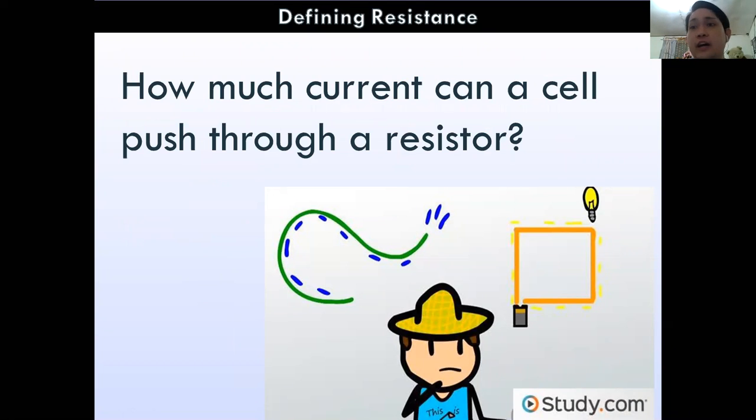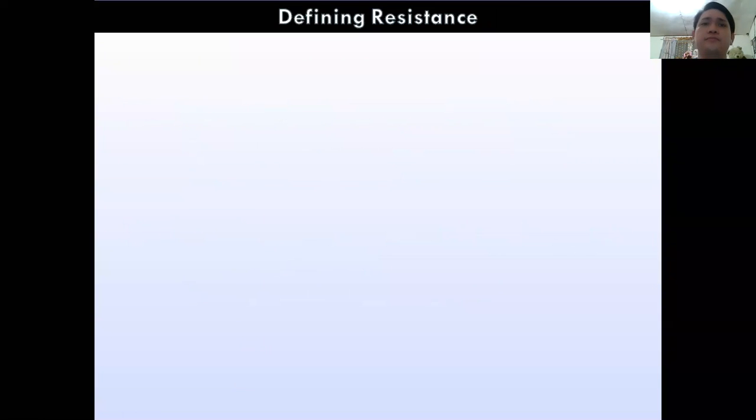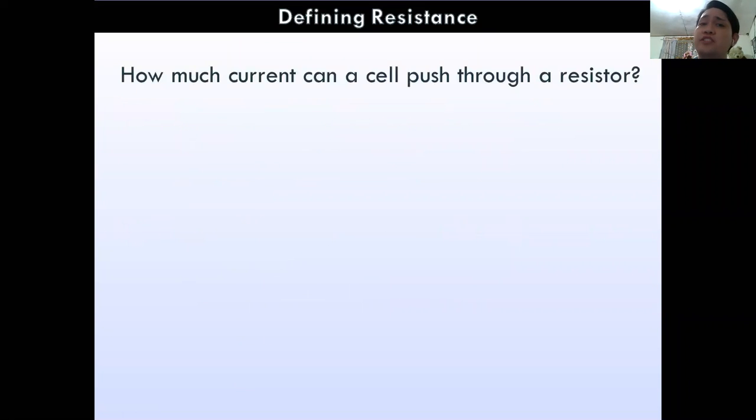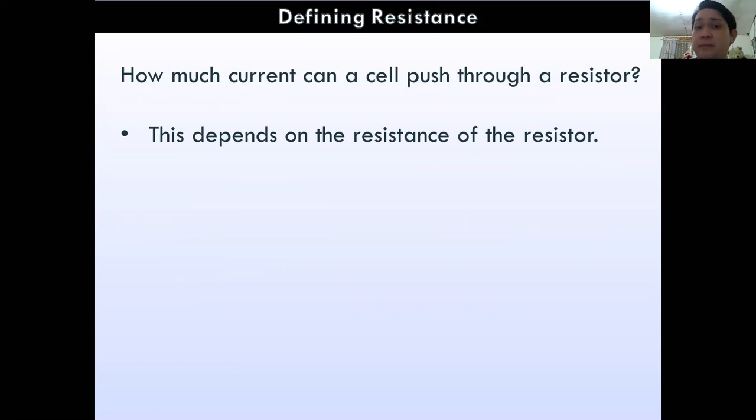So now let's define resistance. I want you to think about this: how much current can a cell push through a resistor? This depends on the resistance of the resistor.